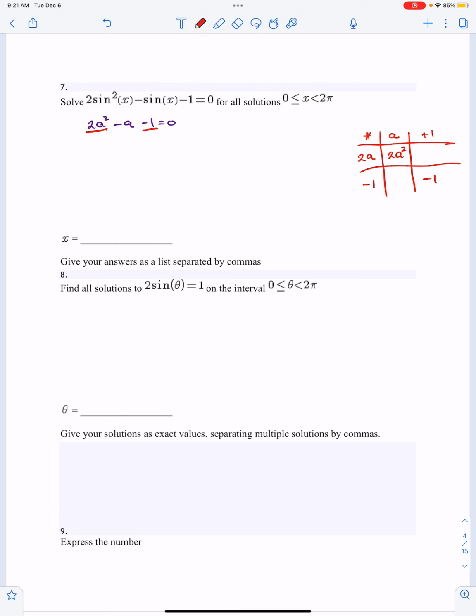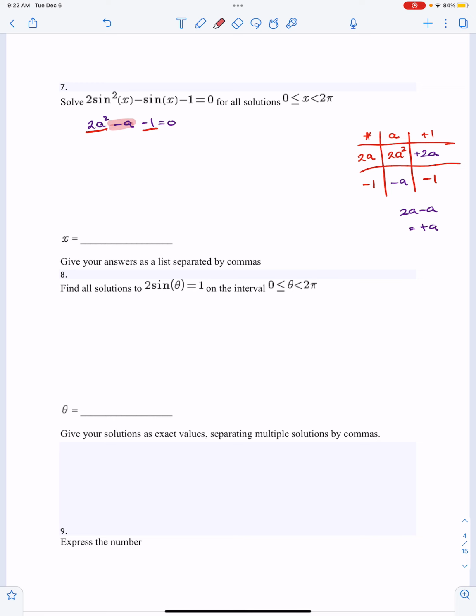I will compute the middle term by filling the rest of the blanks. I have 2a times positive 1 is positive 2a, and then negative 1 times a is negative a. If you add 2a minus a, you get positive a, which is not the middle term.